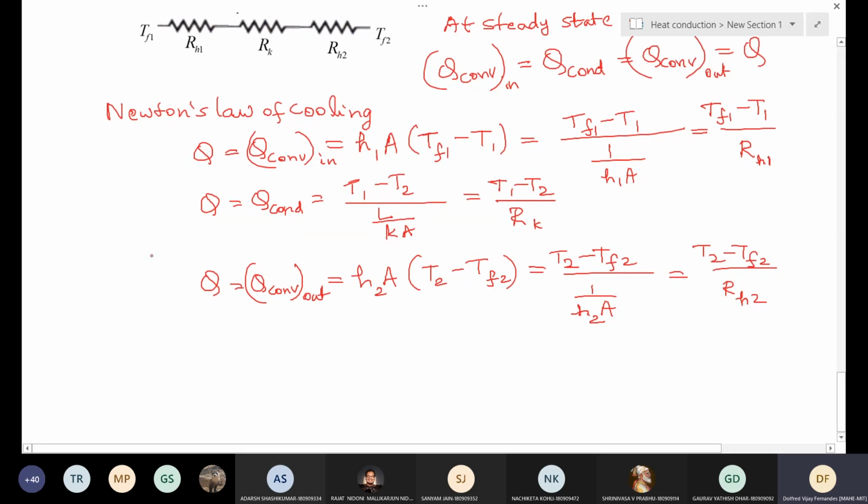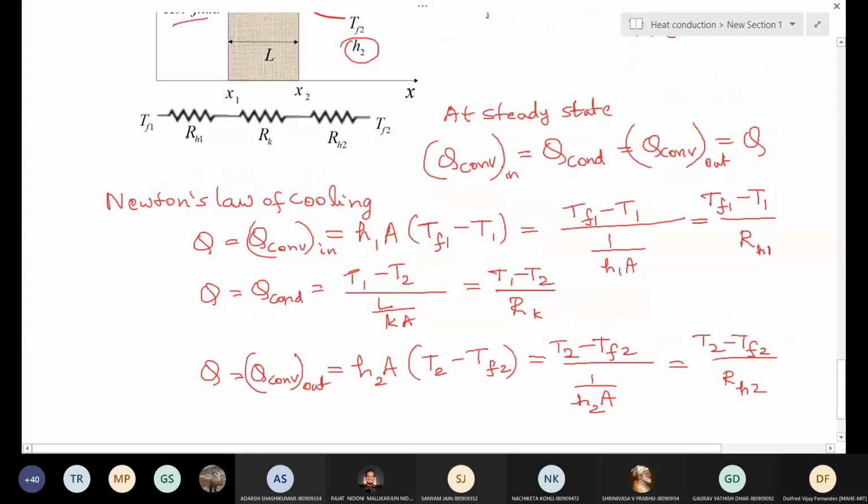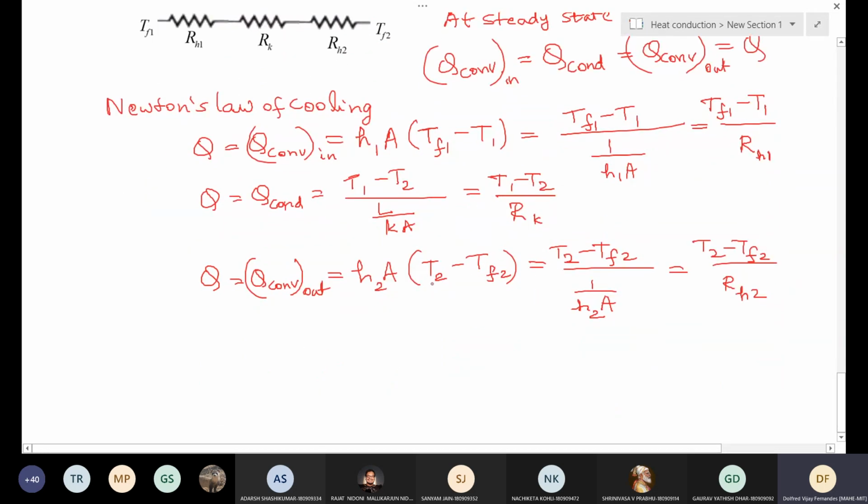So same process now. We can add the thermal resistances from the circuit. You can directly write what is the rate of heat transfer at steady state, or you can add those three equations that I will write. Okay, TF1 minus T1 is nothing but Q into RH1.